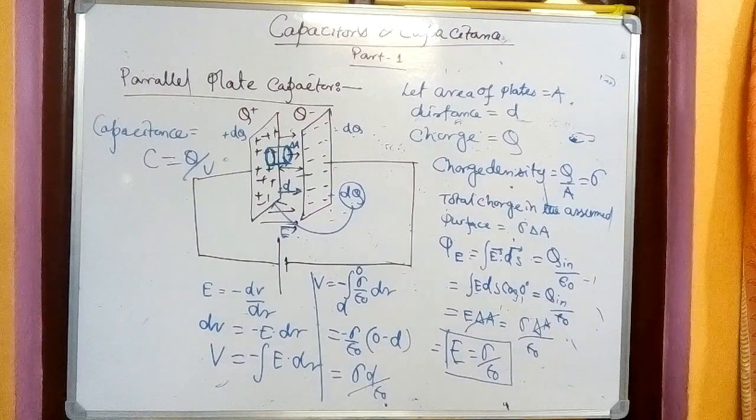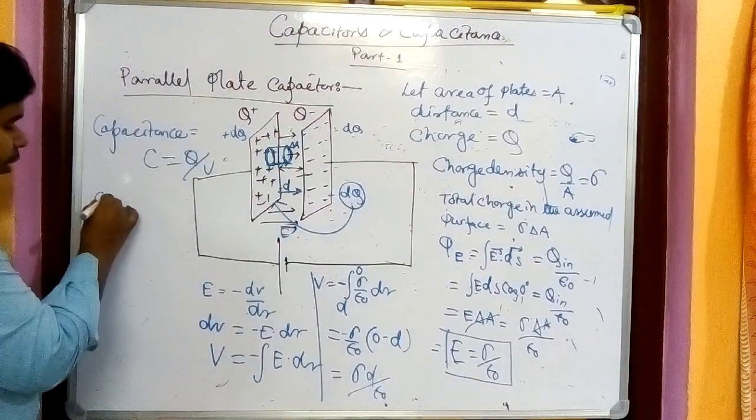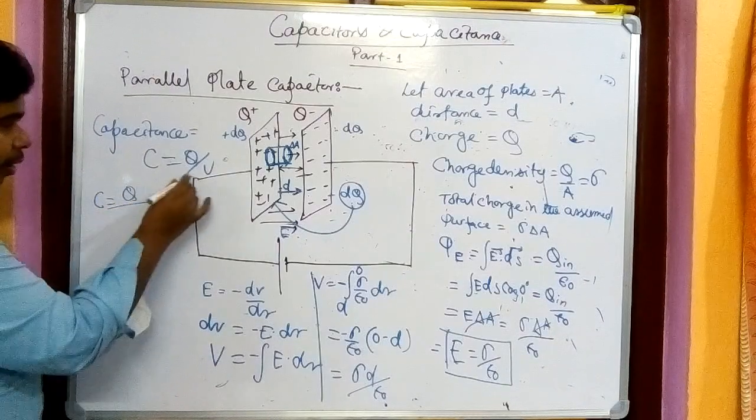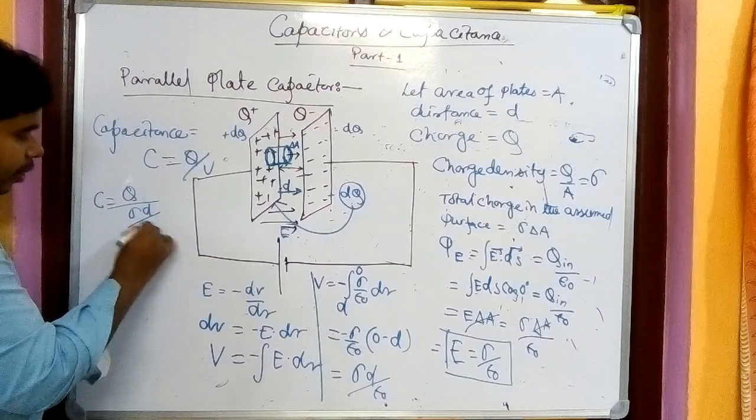So we get V. If we get V, put it here: C equals Q by sigma D by epsilon.